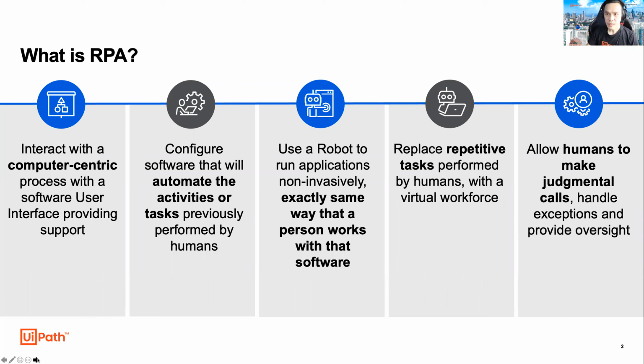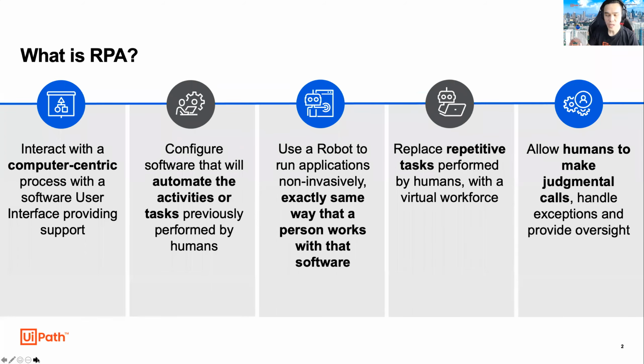Basically by employing RPA to perform the same task that you do on your computer, but this time around done by a software robot. And since it's done by a software robot, typically the execution of that process is much faster and the accuracy will go up significantly as well.